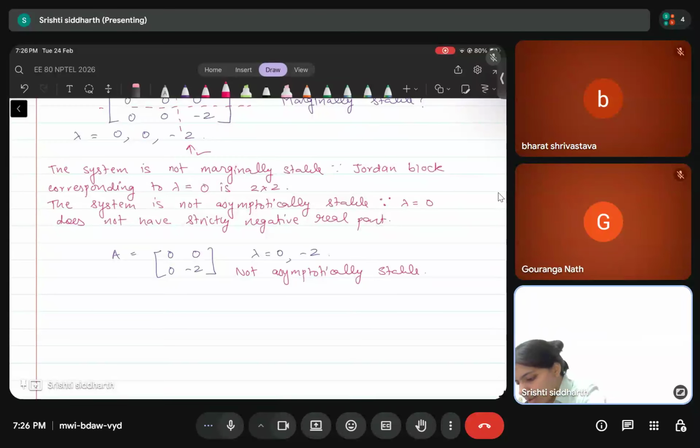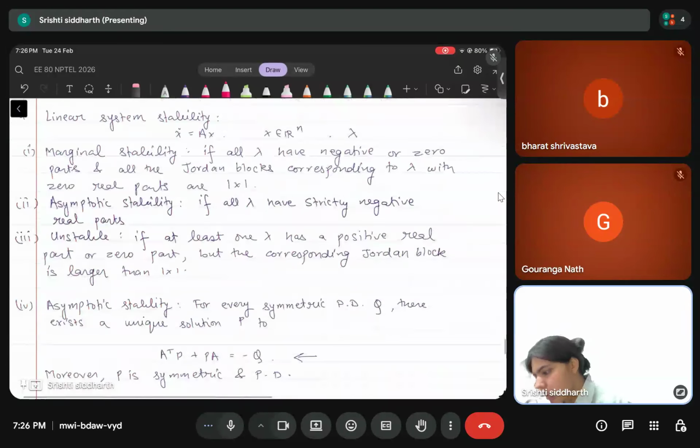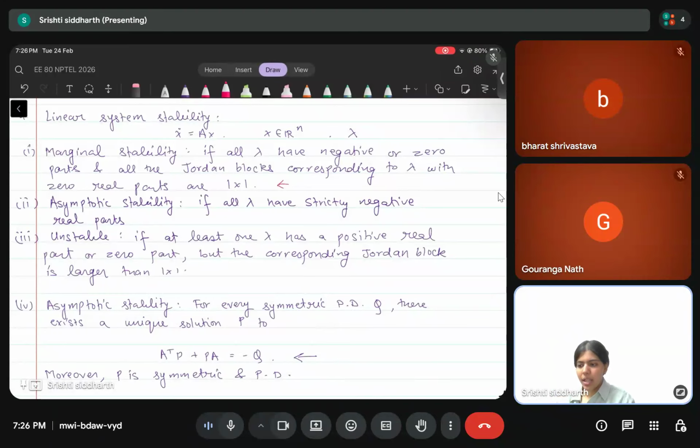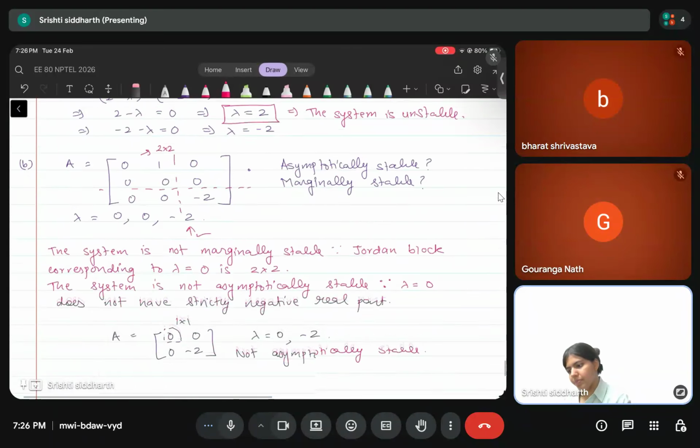Because the Jordan block corresponding to 0 is 1 by 1. The other eigenvalue has negative real part, and the zero eigenvalue with zero real part has a Jordan block of 1 by 1 dimension.